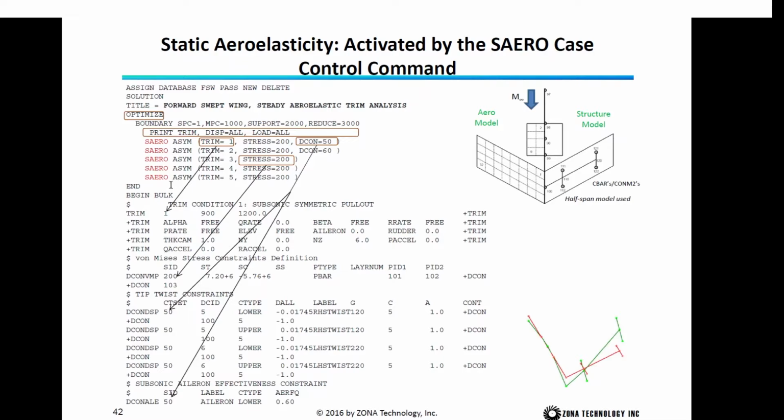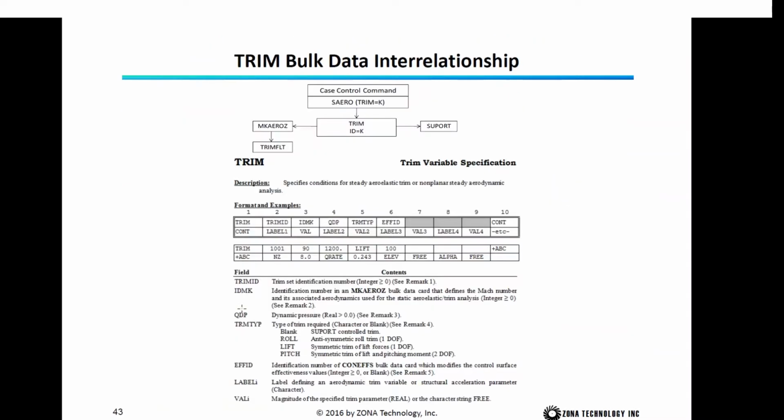So we simultaneously apply those 5 trim loads on the structure, and the structure must satisfy those stress constraints and also the aileron effectiveness constraint. And if you include a buckling constraint, you also will satisfy the buckling constraint.